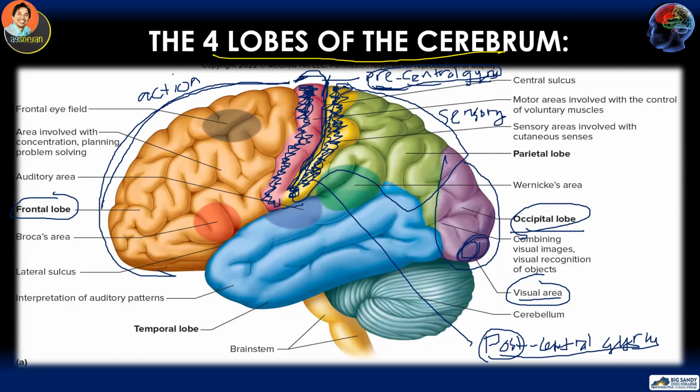And then the fourth lobe will be on the side, left and right. This is called the temporal lobe. And the temporal lobe has several sensations. So remember, this is also on the back part of the brain, so it will be mostly sensory function.